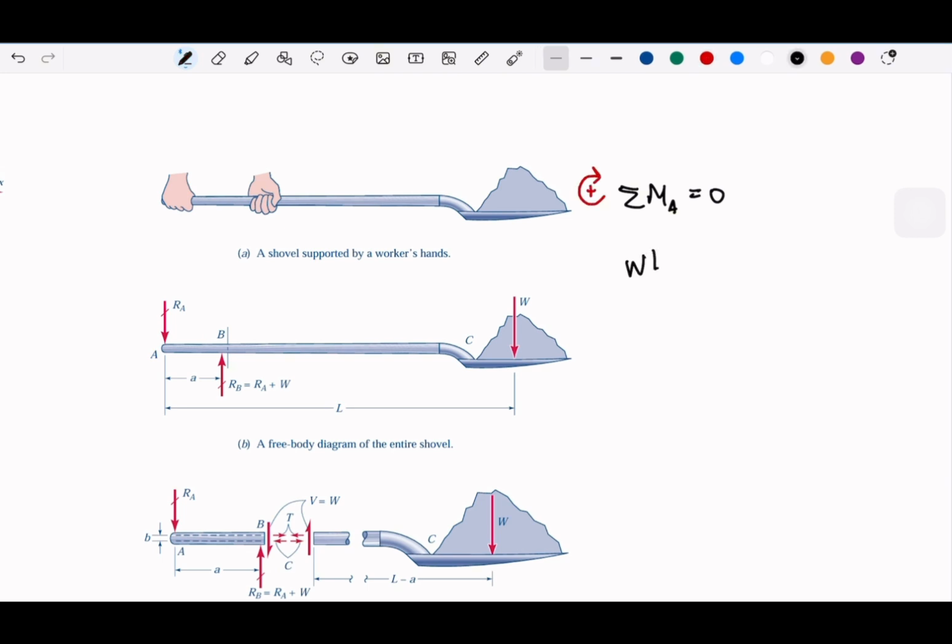So WL and then minus RB times A will be 0.